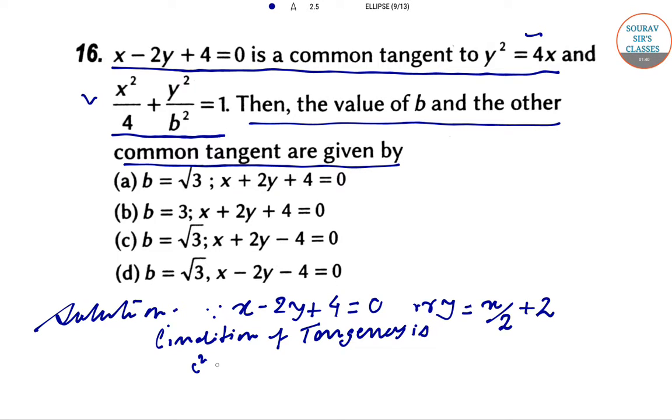First of all, anybody who wants to solve this problem must know the condition of tangency. And the condition of tangency is c square is equal to a square m square plus b square.